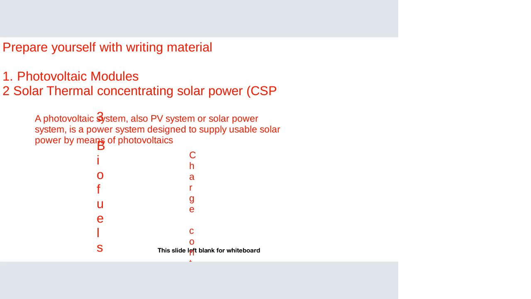This controller is a critical component of a PV system, and it is able to control the system depending on the battery state of charge. We normally call that the SOC.